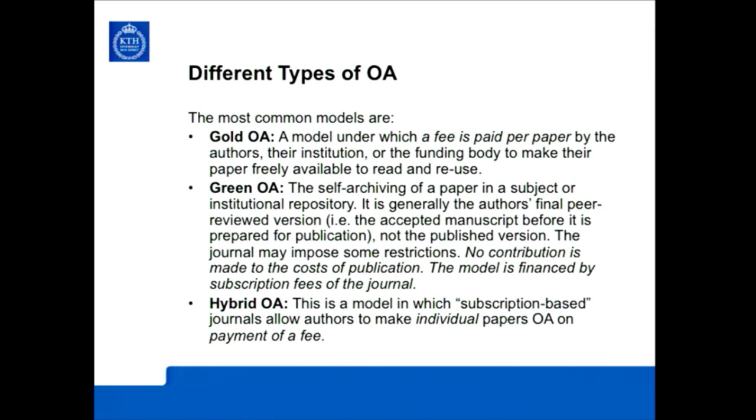And one of them is gold open access. This is a model under which a fee is paid per paper by the authors, as we said before, their institution or the funding body to make their paper freely available.